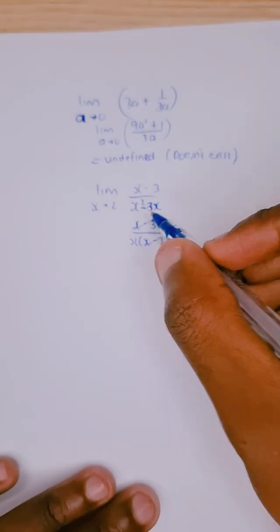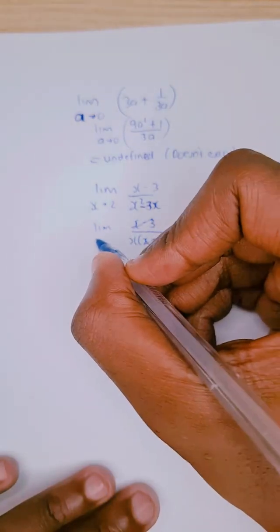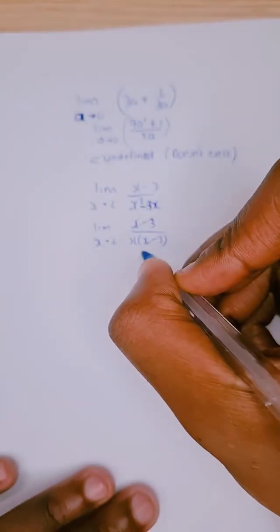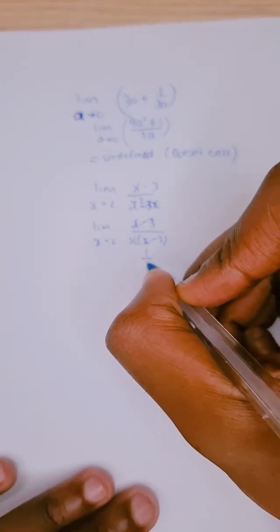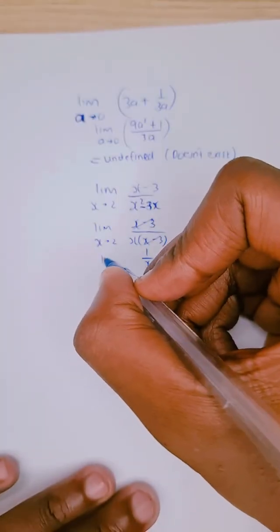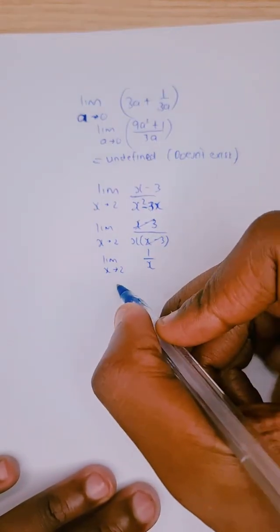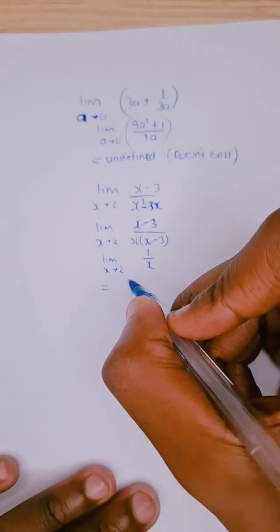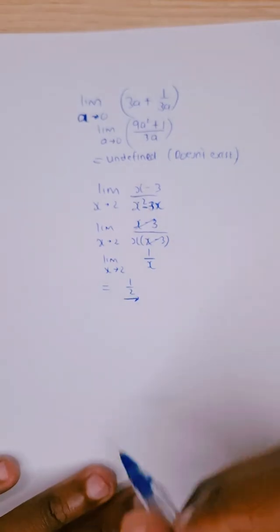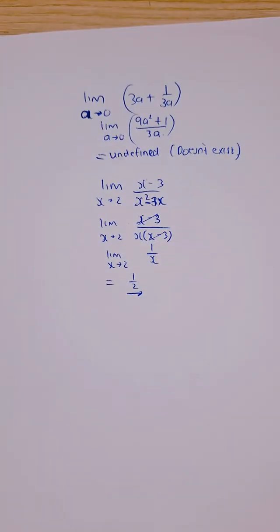Then when they do, the limit as x tends towards 2 of 1 over x, we just go ahead and substitute. So it is 1 over 2, 100% half. So good job, guys.